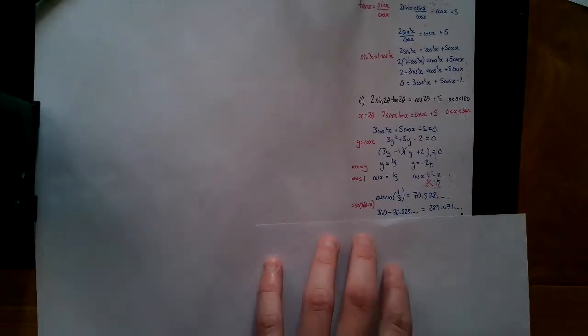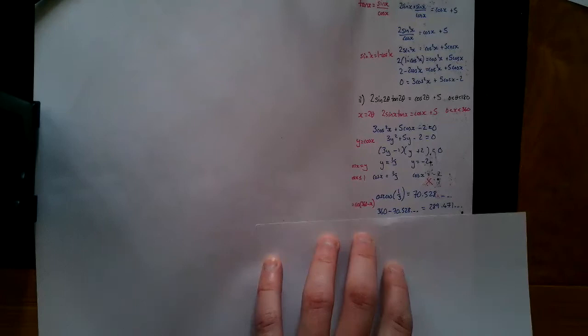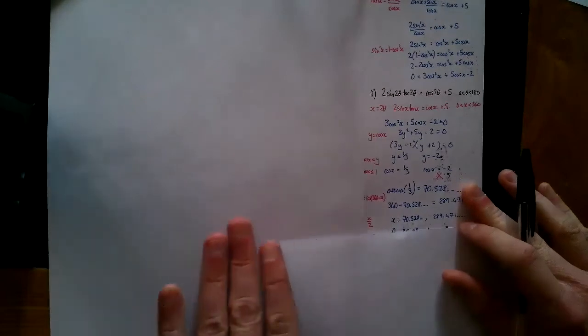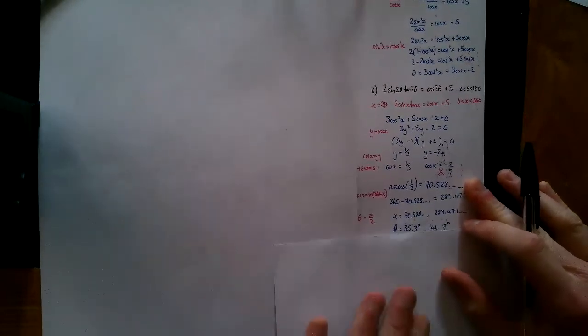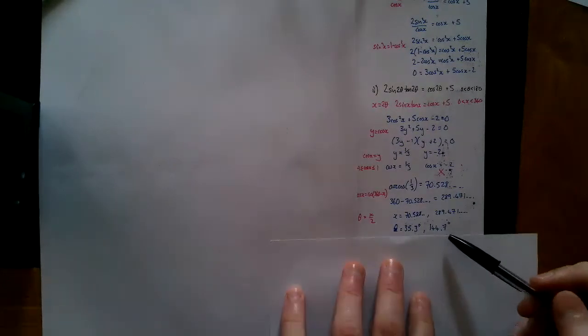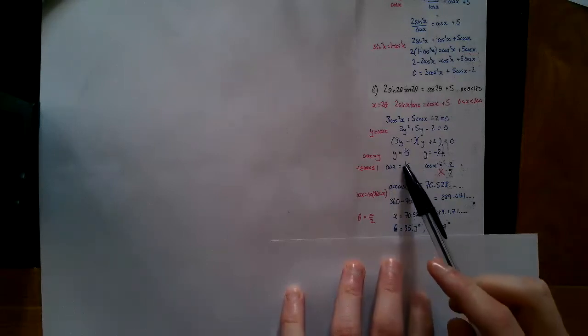Take away from 360 to get your second answer. So there are our answers for x, but we want theta. So theta was x over 2. So divide both answers by 2 to get 35.3 and 144.7. Now this was the same question that I'd given you at the start of this week, so it should look familiar.